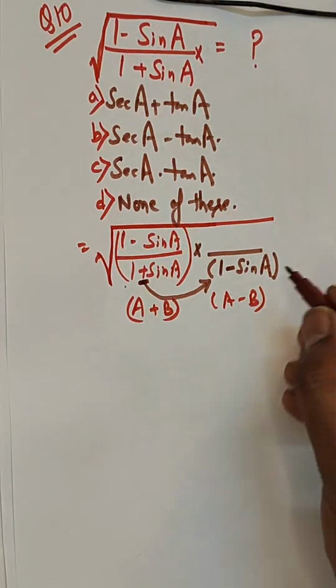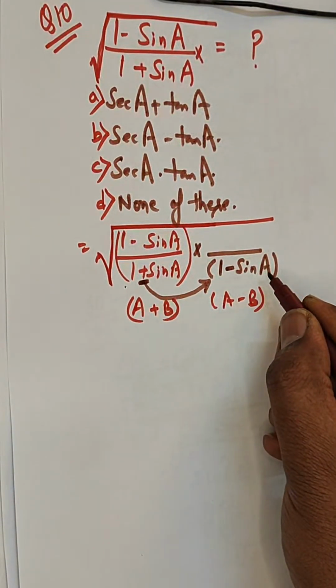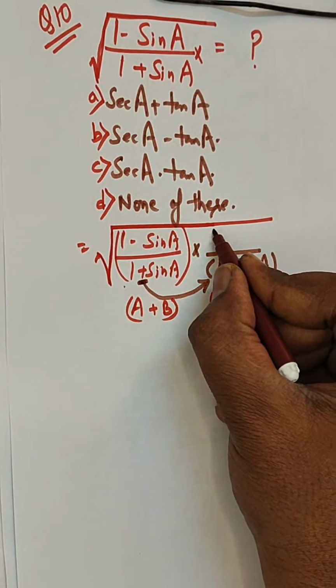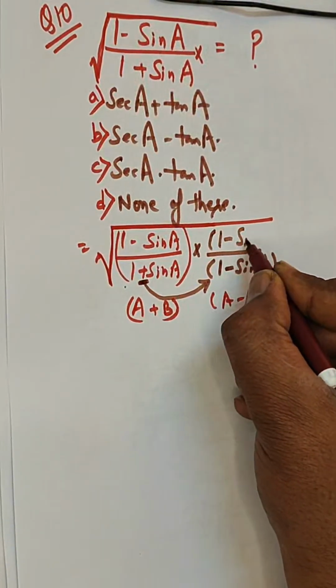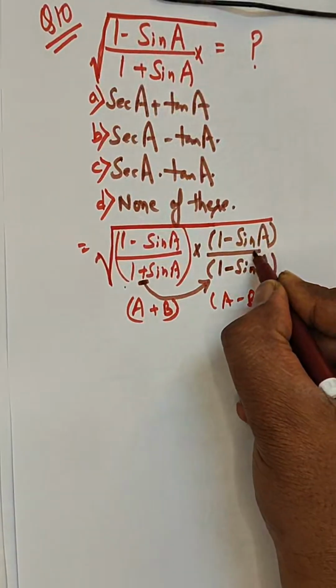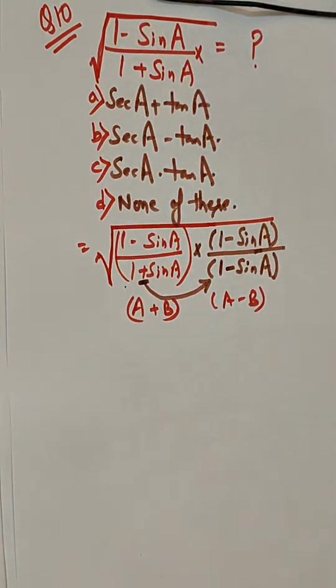If you are multiplying the denominator under the root, then definitely this should be multiplied into the numerator also, because you are inserting it and it is not already present in the question.